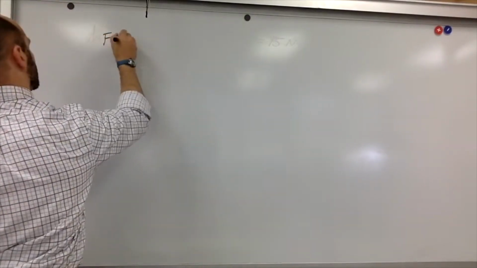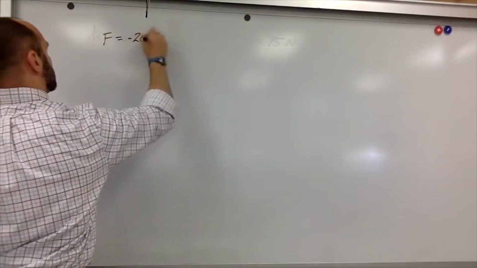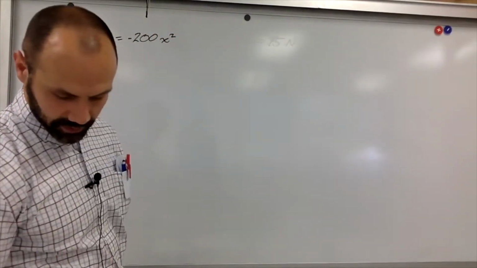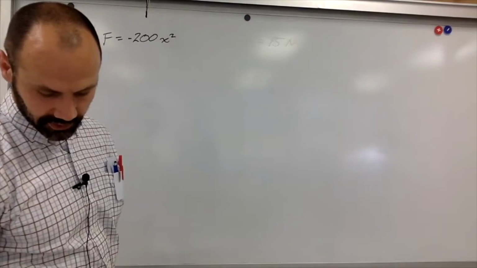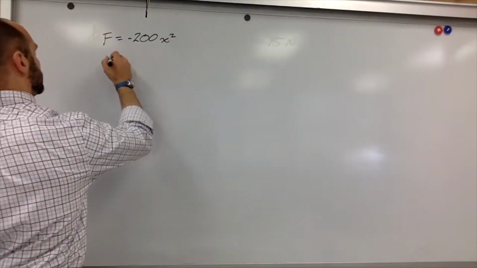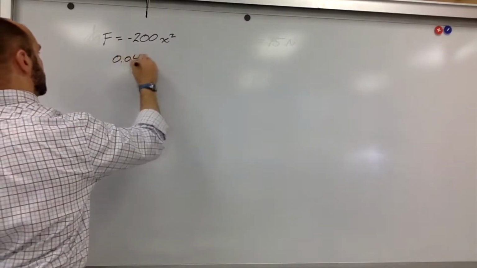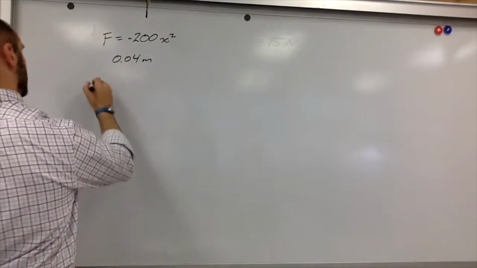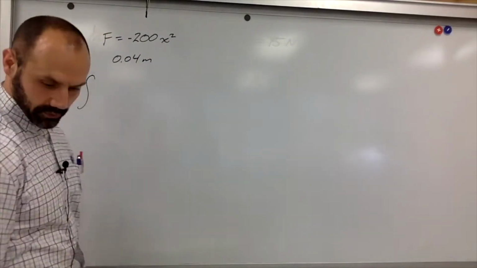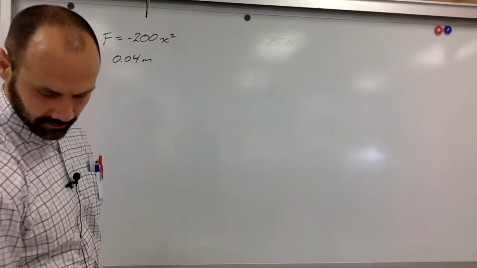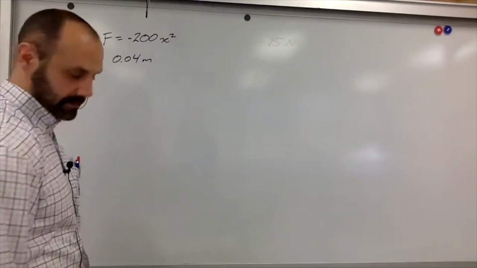All right, let's write that down. What work is done by an applied force that stretched the spring from equilibrium to 4 centimeters? So going from 0 to 0.04 meters. All right, so we're doing an integral, and we're looking for the work done by the applied force.